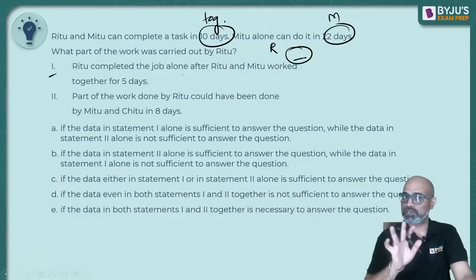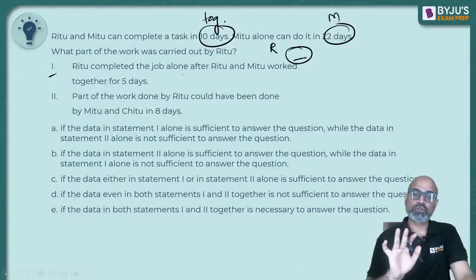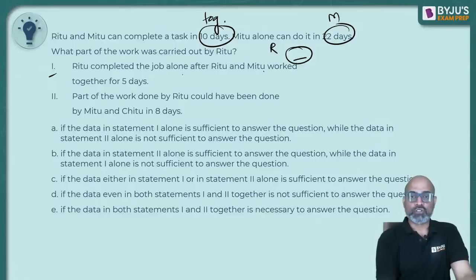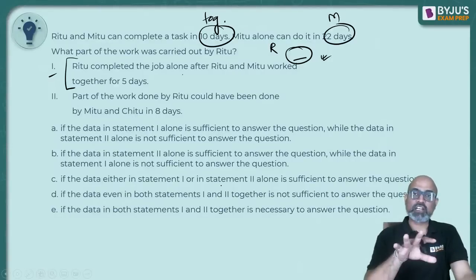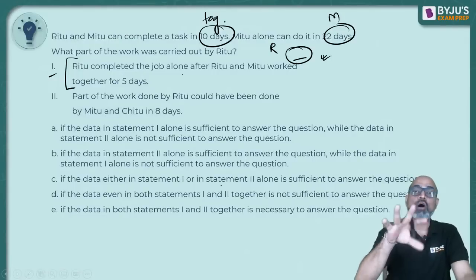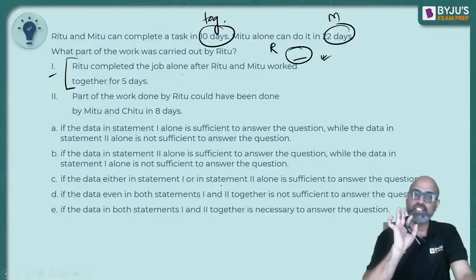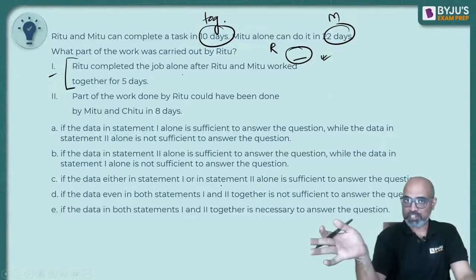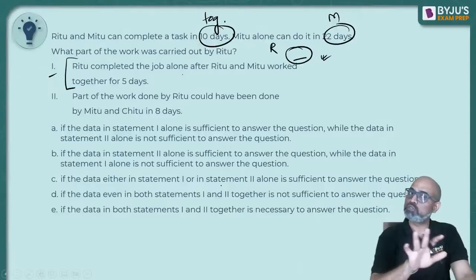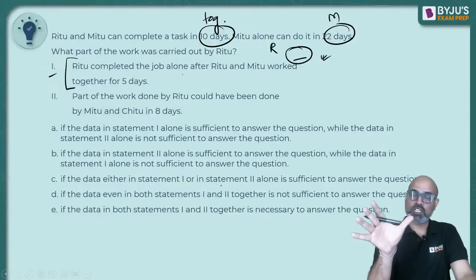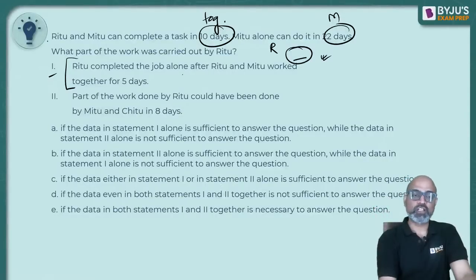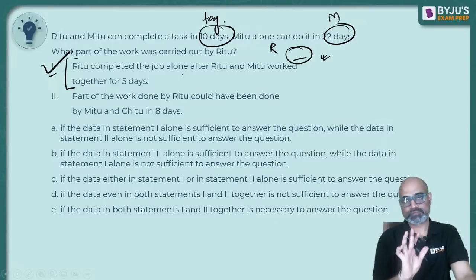I don't know. I don't care. Once I know this, I know the total work as well from here. You know? From this statement, I will come to know how much of work Ritu has completed, because I will come to know for how many days did she work alone, and then they finish the remaining job in the next 2 days together. So total काम का Ritu what fraction covered, I will be able to answer it.